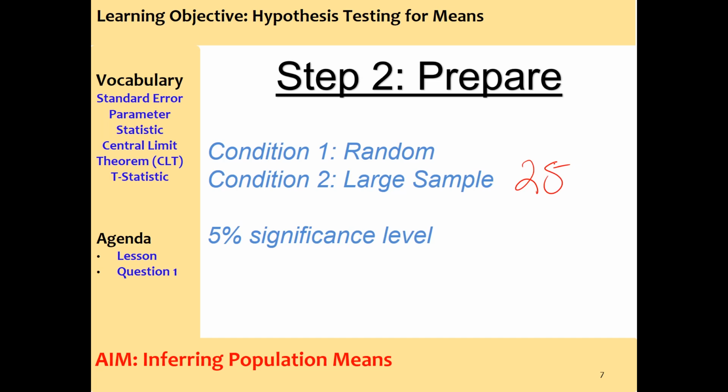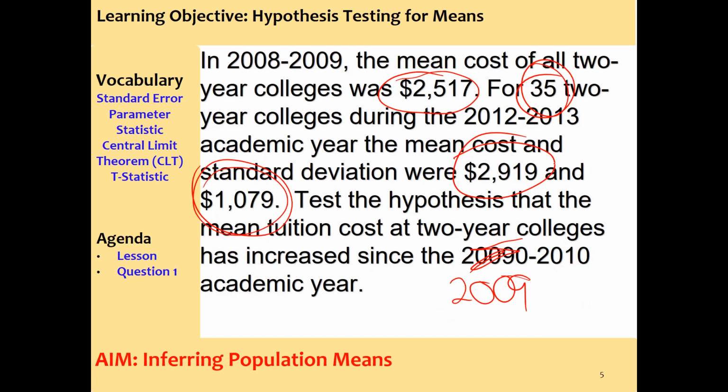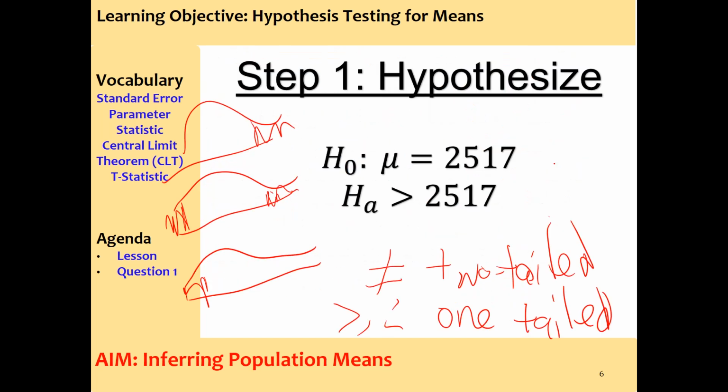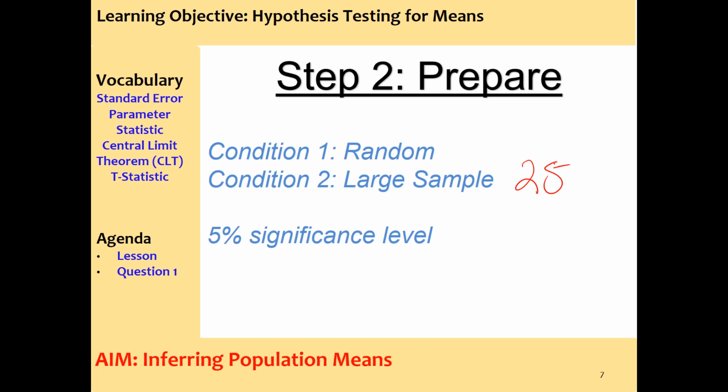If it's not bigger than 25 and they don't tell you that it's normally distributed, then you're done. You can't go past step two. So remember, 25 is a big deal. Next, a 5% significance level. Whatever our p-value is, we're going to compare it to 0.05. If it's less than that, then we're good. If it's greater than that, the data doesn't determine that we can reject the null hypothesis.